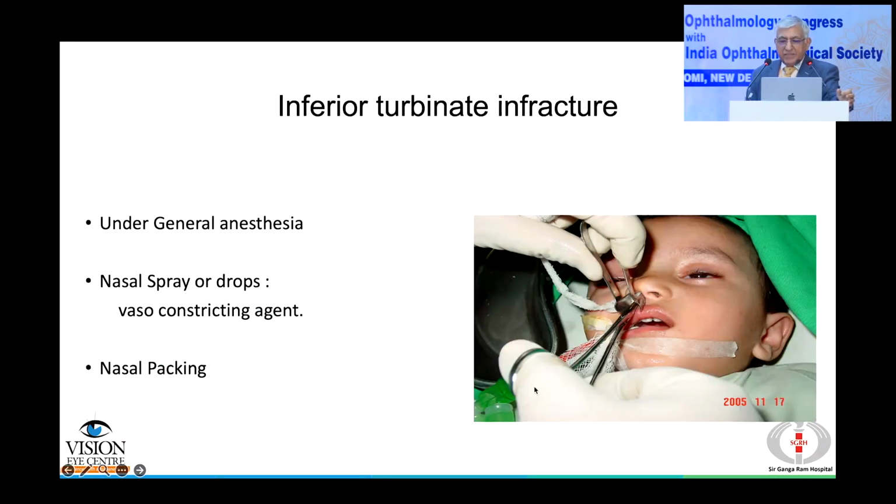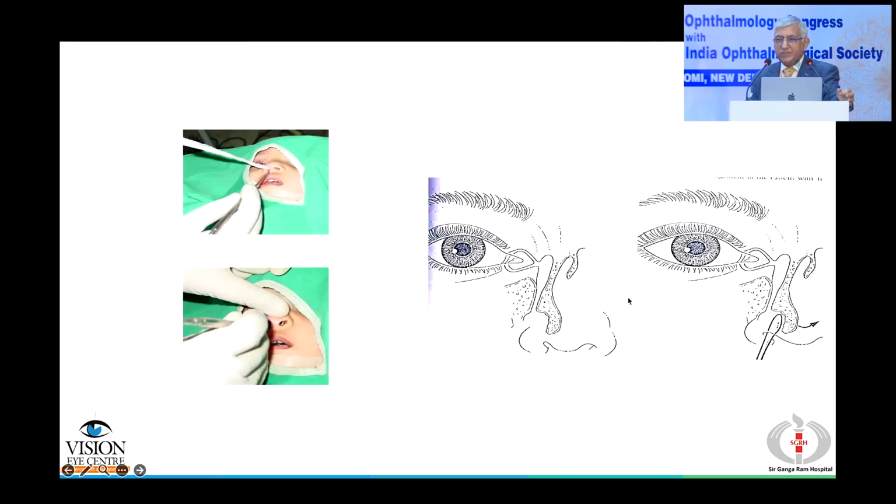So inferior turbinate infracture is generally carried out under general anesthesia, and after initial vasoconstriction of the nose by nasal packing, usually using a good concentration of adrenaline, as much as your anesthetist would allow, you can get a good hemostasis and then cause the inferior turbinate to be rotated in, so that the area where the nasolacrimal duct is opening can be free from any obstruction due to mucosal swelling.